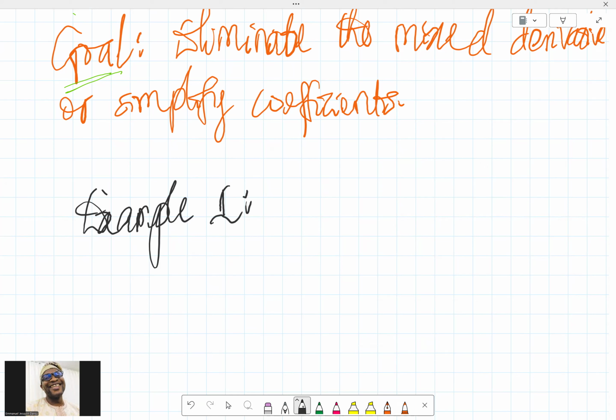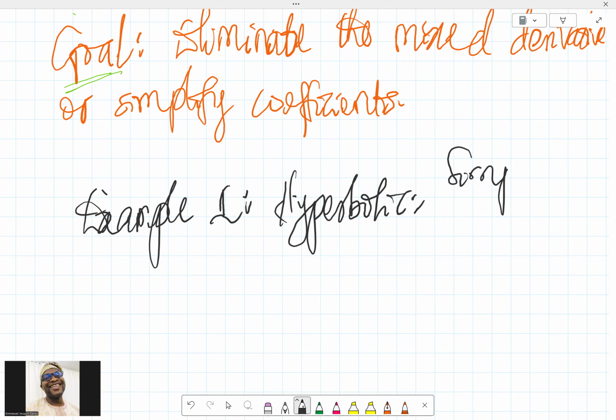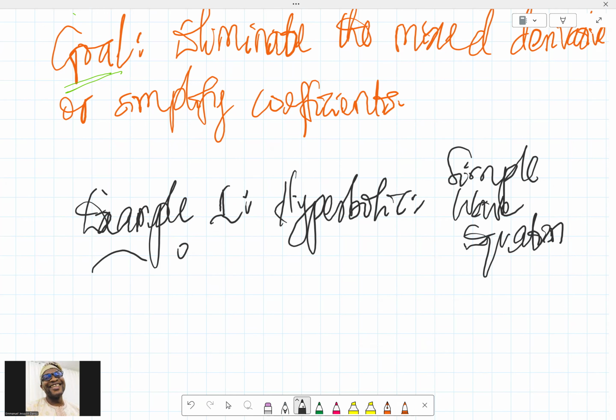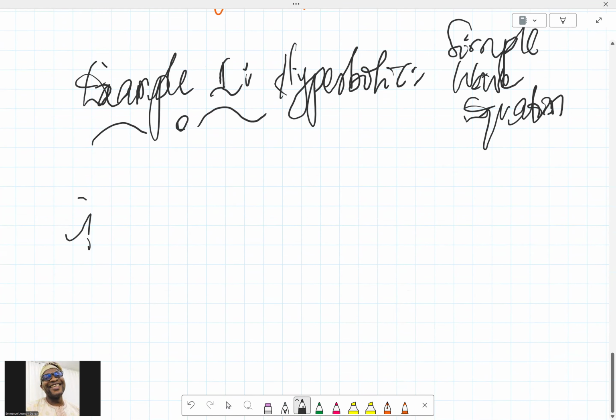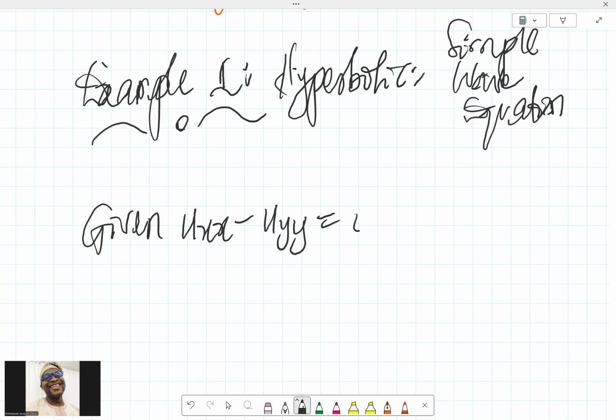We have a hyperbolic case, the simple wave equation, which is hyperbolic. So given u_xx minus u_yy equals 0.